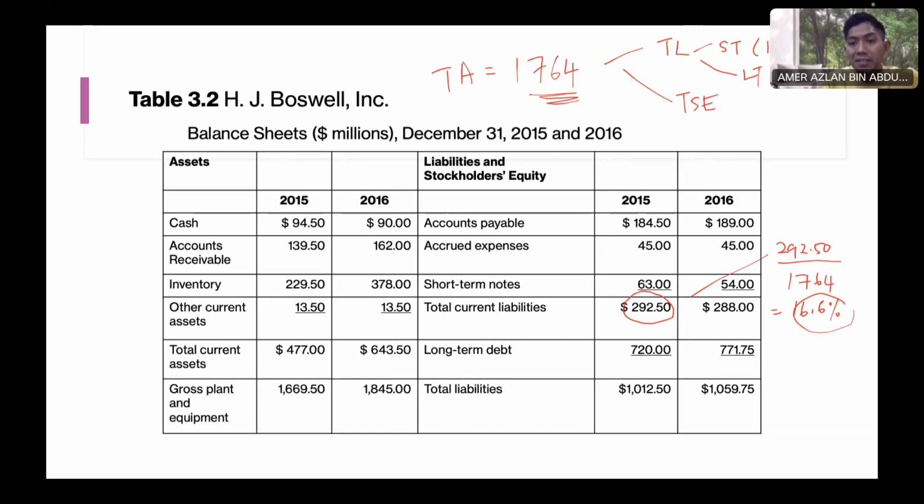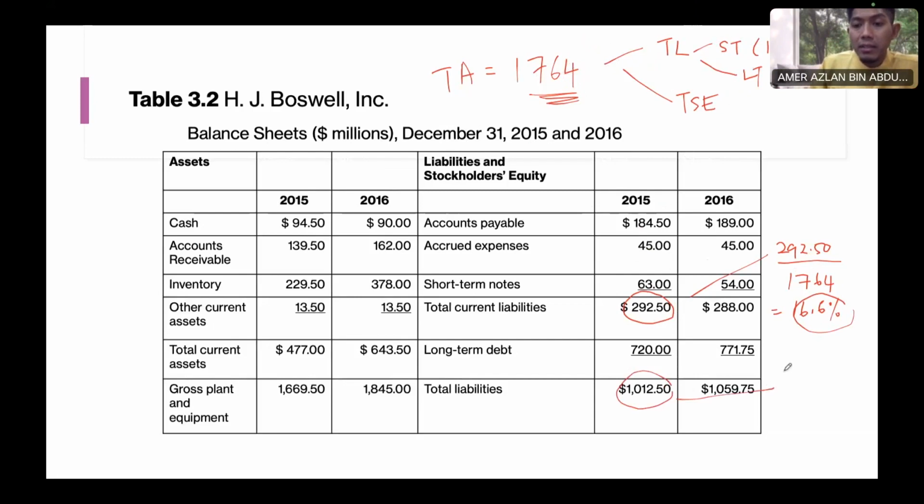That is what it means. So 16.6%, or equivalent to 292.5 million, were being financed by short-term debts to purchase these total assets.